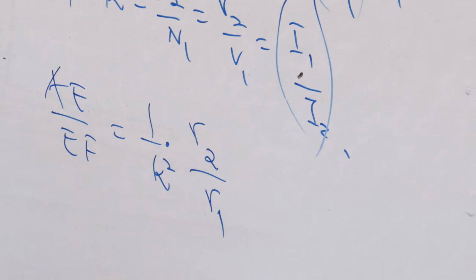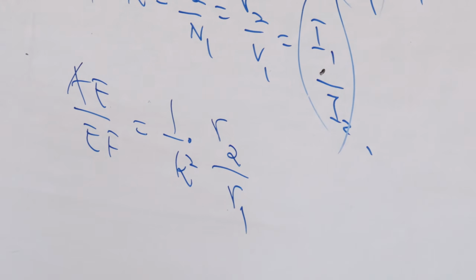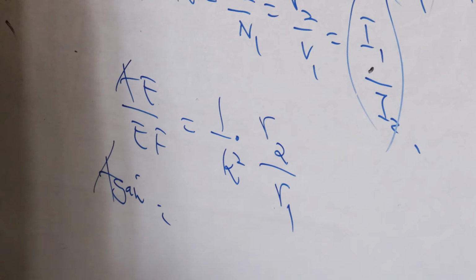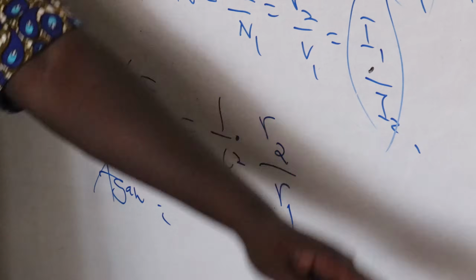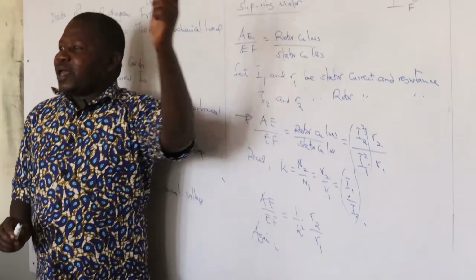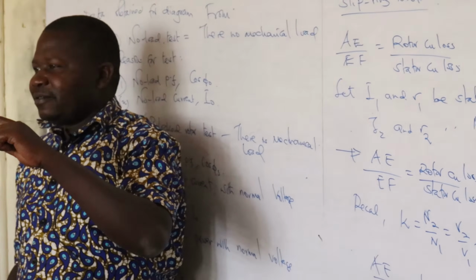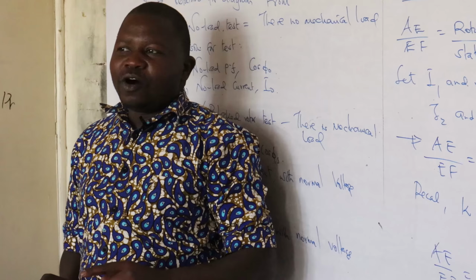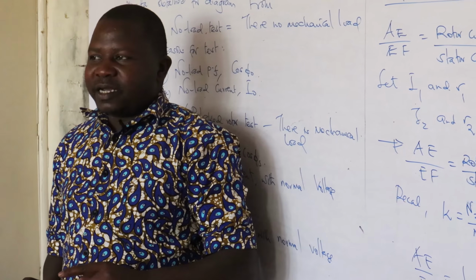Is that correct? When we are looking at the transfer of impedances, we said when you transfer values from secondary to primary, we do what? We divide by K squared. That is the law of impedances, right?